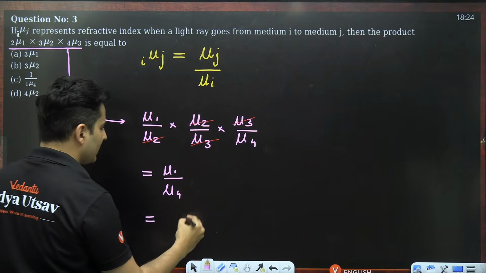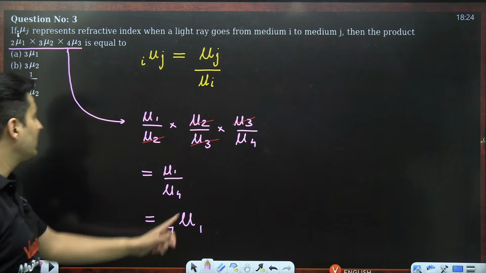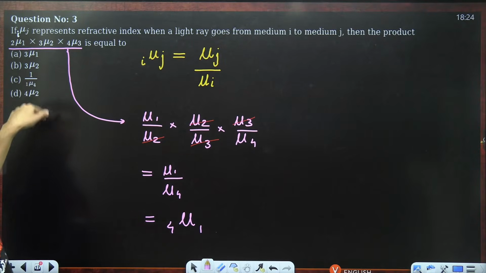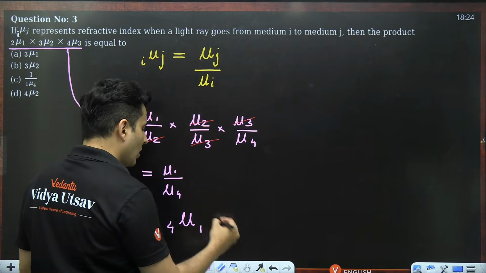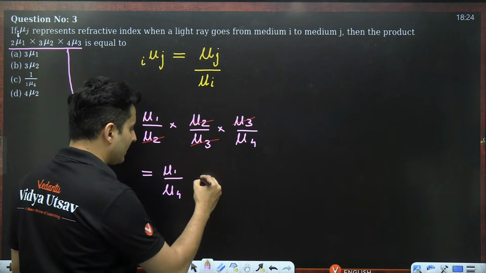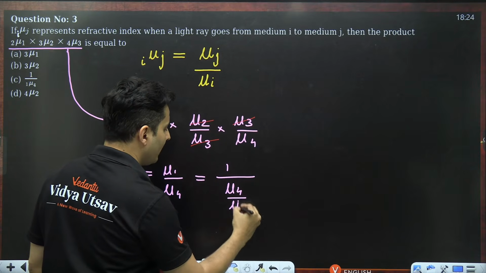Technically this is nothing but light going from 4 to 1. So this is 4 mu 1, but it is not there in the options. But remember, this is also the same as writing 1 divided by mu 4 by mu 1.